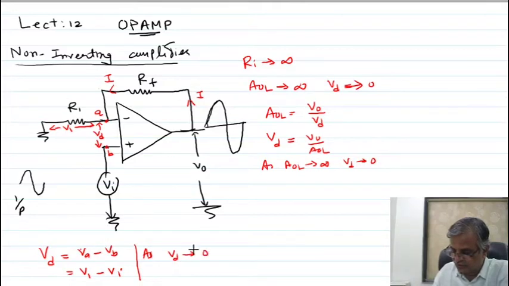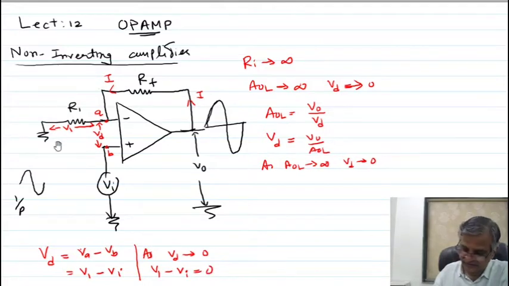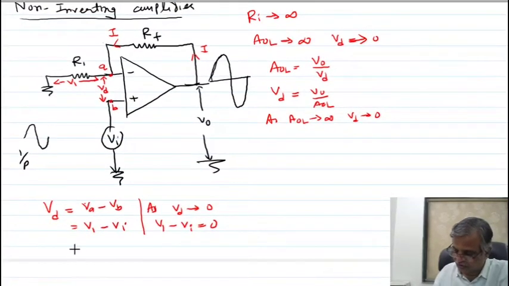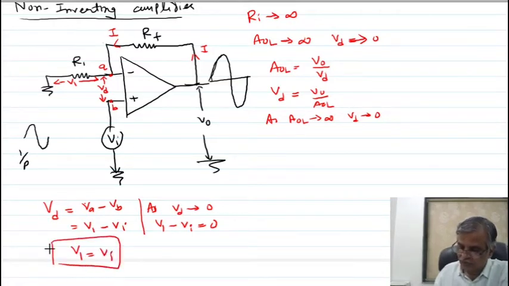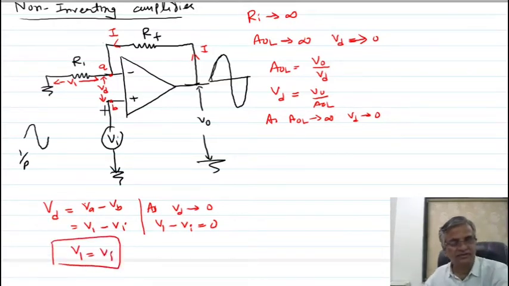As Vd tends to 0, V1 minus Vi is 0. So this is possible only when V1 is equal to Vi.